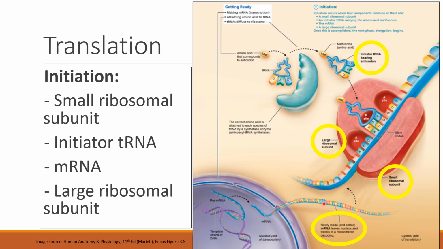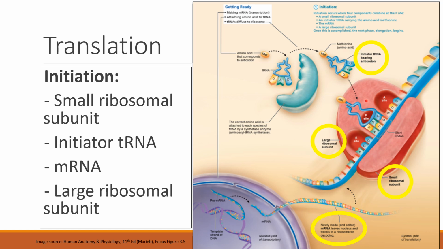This messenger RNA will go to a ribosome. Now, a ribosome has two units. Remember, the ribosomes are made out of rRNA. Remember, they were made at the nucleolus within the nucleus.